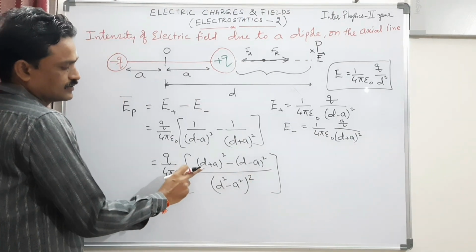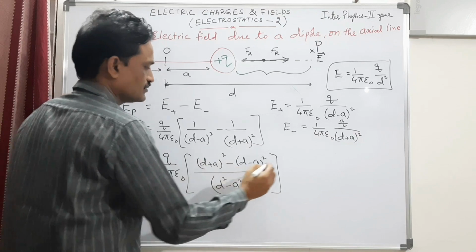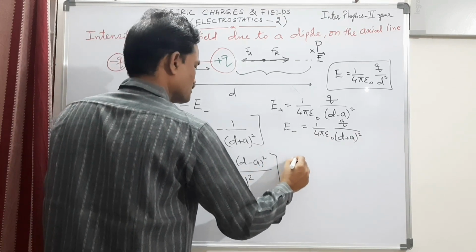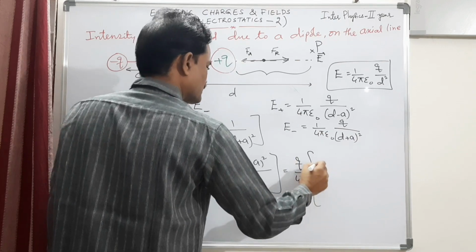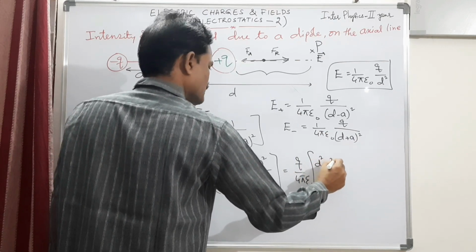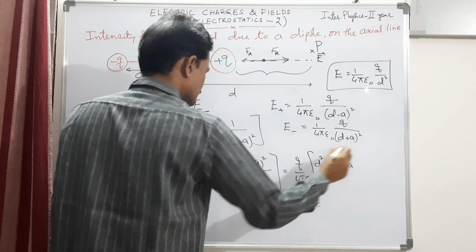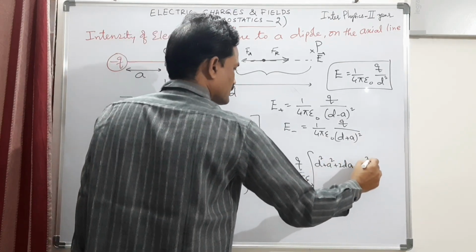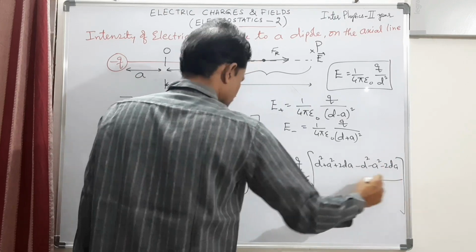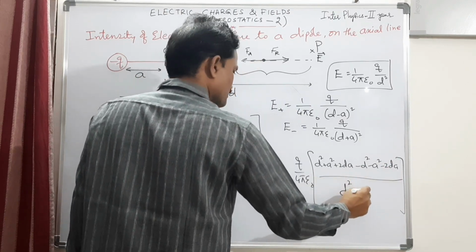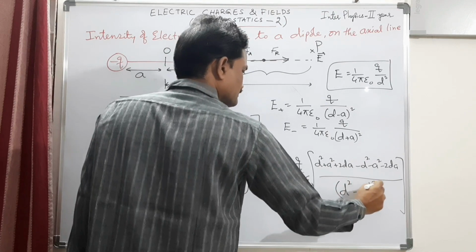So if you expand this, you will get q by 4 pi epsilon naught, into d square plus A square plus 2dA minus d square minus A square minus 2dA, divided by (d square minus A square) whole square.